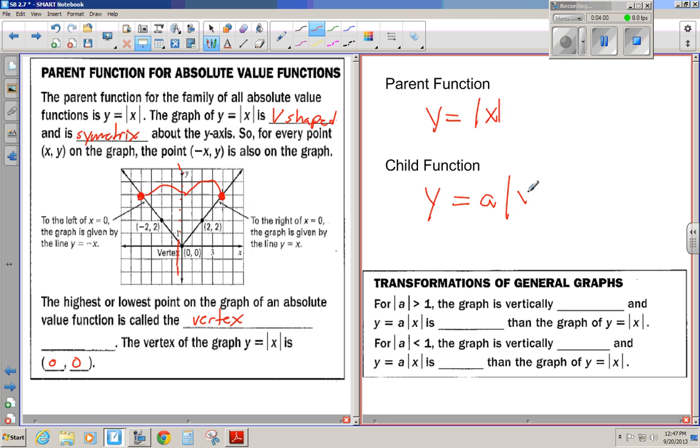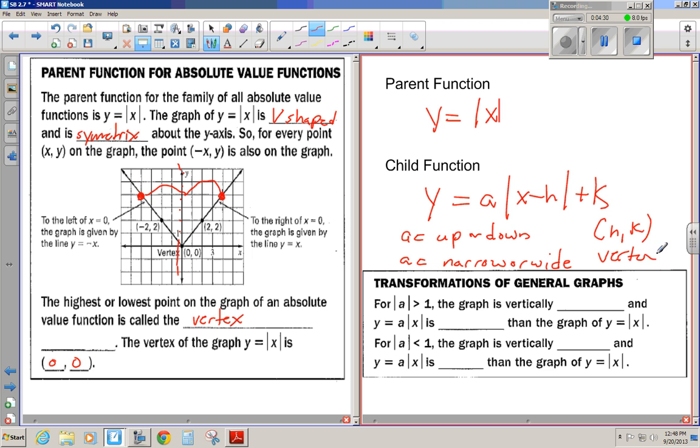A, h, and k. So A determines whether it opens up or down. A also determines whether it's narrow or wide. The point h, k is the new vertex.